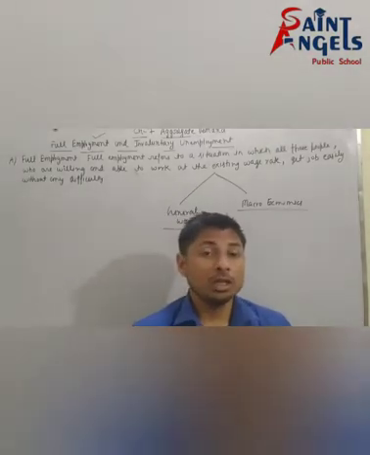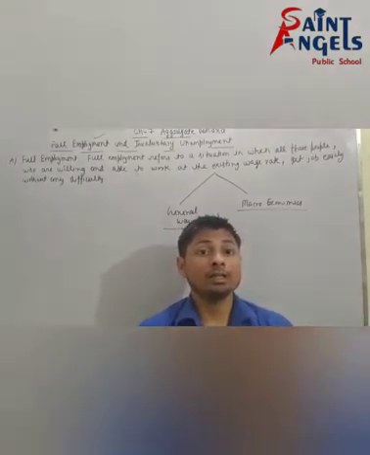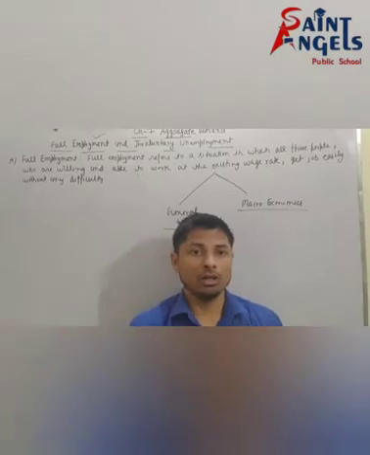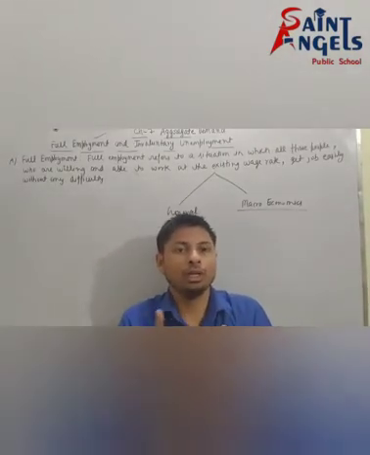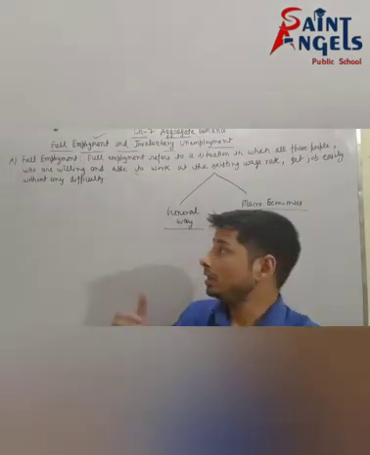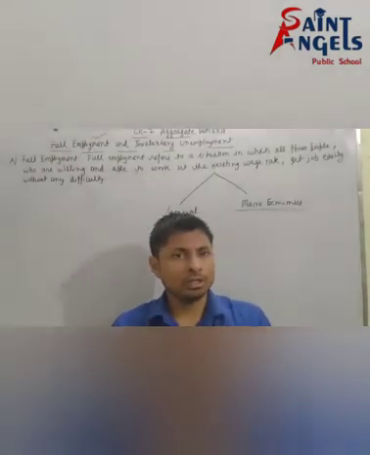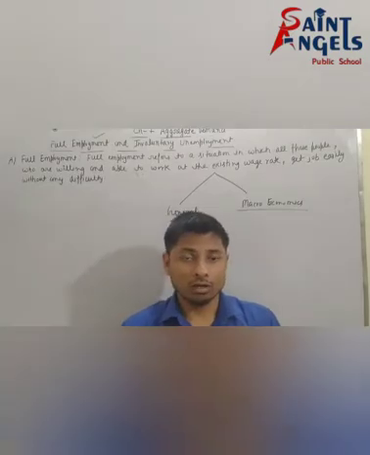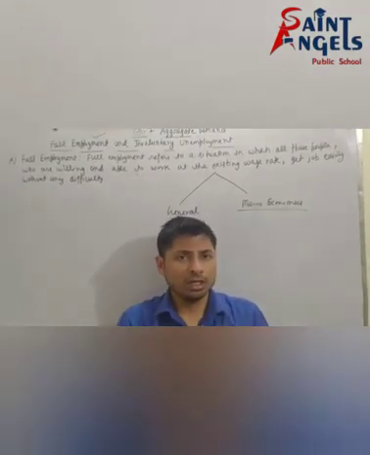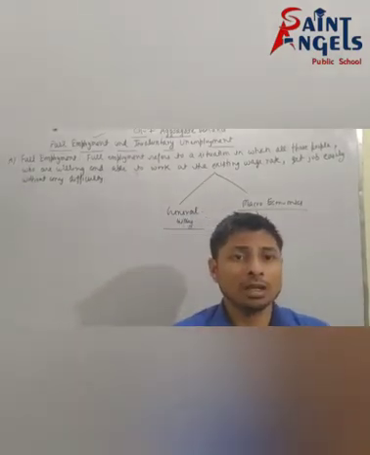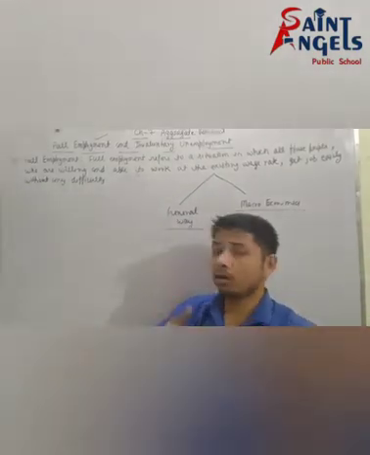What does it mean? It means everyone gets work in a general way. In the full employment condition, everyone gets work. What does it mean? Demand for labor is equal to its supply. Listen carefully, I am talking about the general way.